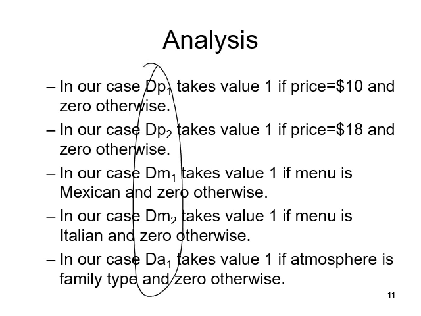So DP1 is for a price of 10. Because I have the price of 10 and the price of 18, what's missing here is the price of 5. So what I'm using as a baseline to compare every other result I get out of this is the price of 5. The same thing here.